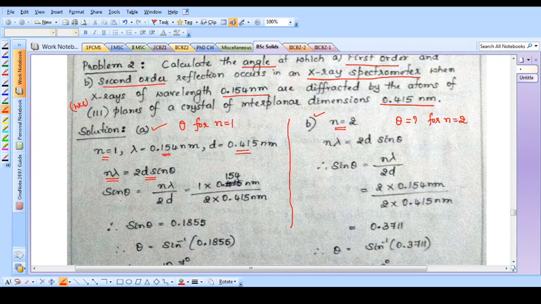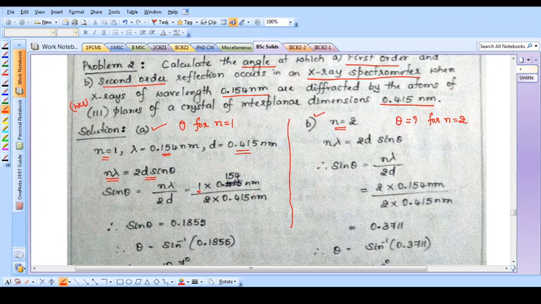Our aim is to now find out theta. So let us rearrange accordingly. Sin theta is equal to n into lambda divided by 2 into d. Substituting the values, n is equal to 1, lambda 0.154 nanometer divided by 2 into d. D is 0.415 nanometer.